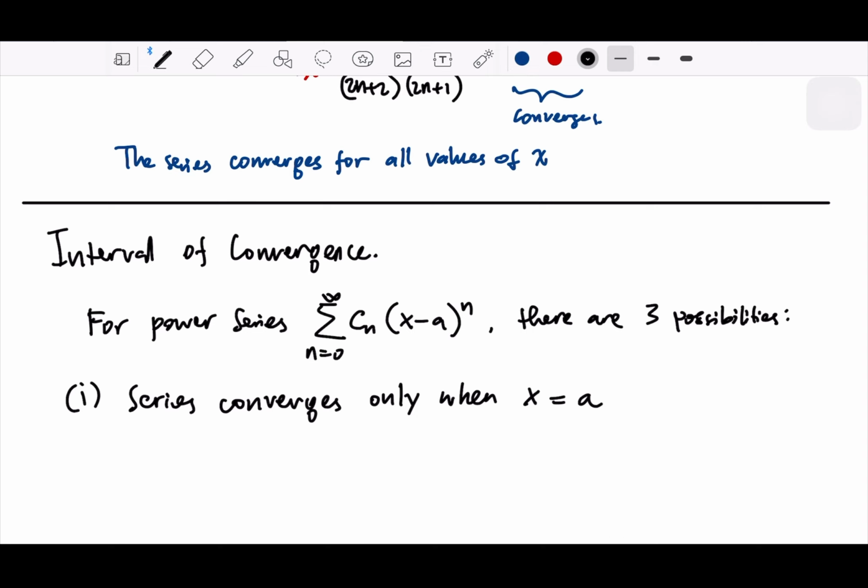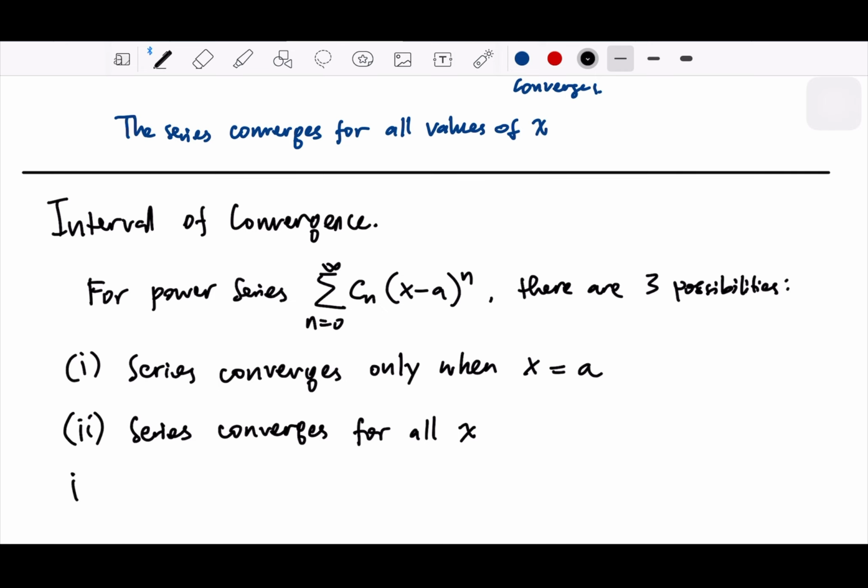Second, the series converges for all x. This is what we did in the last example. If we find the limit is 0, then all x will converge. And the third one is that we have an interval of convergence.